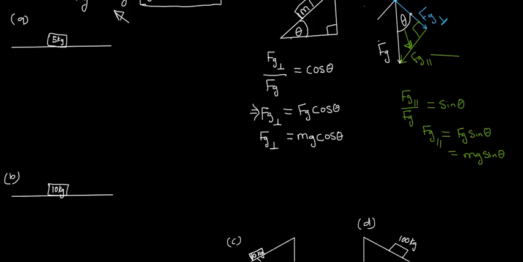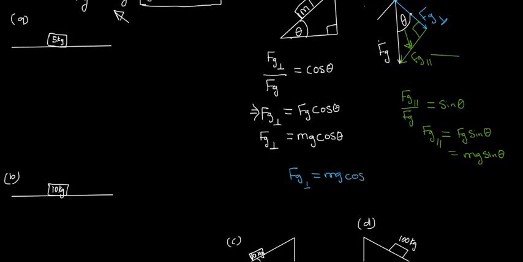Now that we've done that, we can come up with a general formula for calculating the y component and the x component, or rather the perpendicular component and the parallel component of gravity. These are the formulas. For Fg perpendicular, this equals mg.